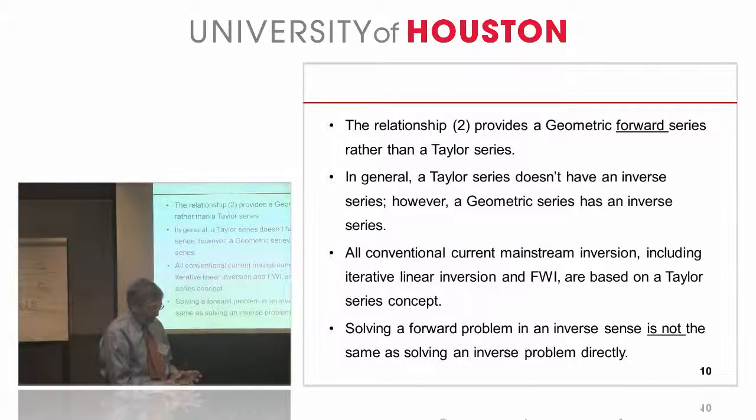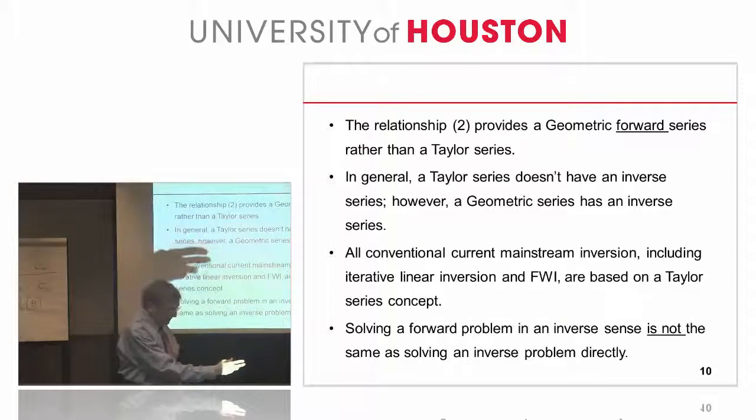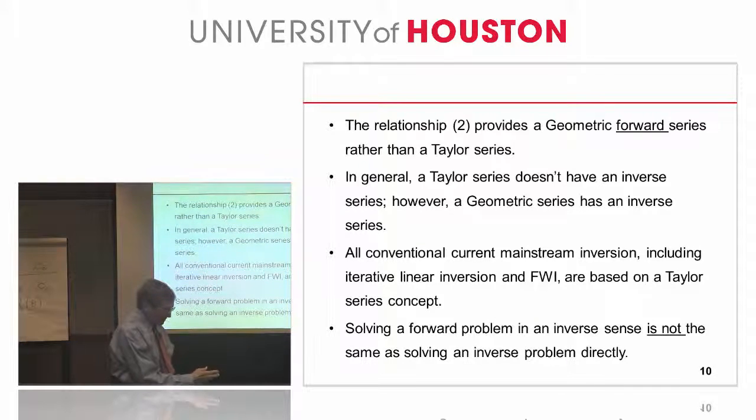Taylor series, which is what we usually assume in terms of our model matching. We have data at M, data at M0. We're trying to make them as close as possible by setting it equal to a derivative, a Frechet derivative, times delta M. That's a model matching method.